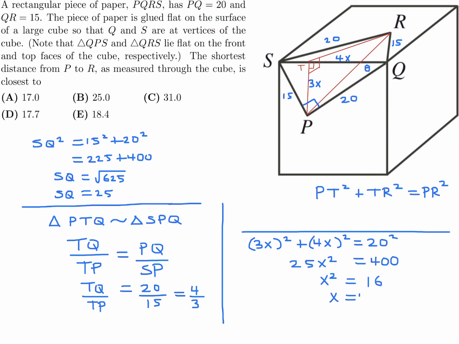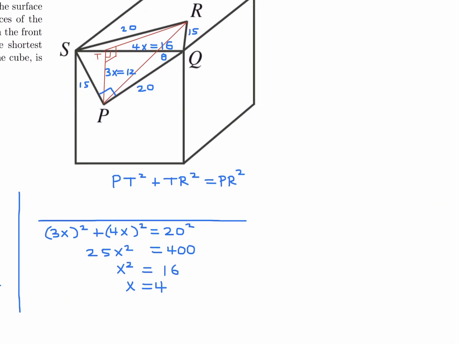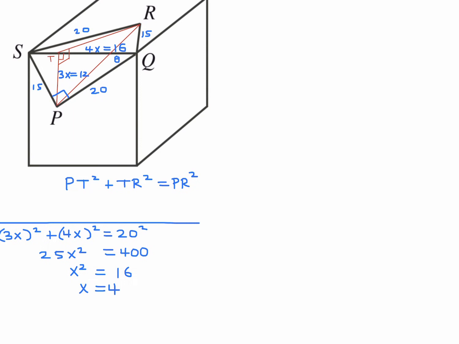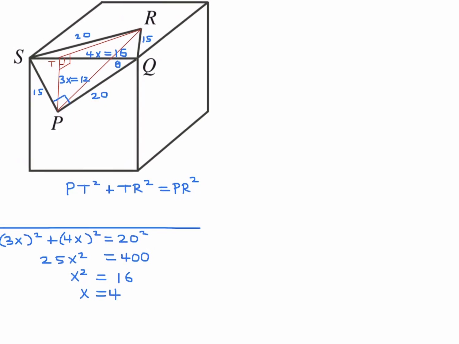Therefore, x works out nicely to being just 4. So that means that this 3x is actually a 12, and that 4x is actually a 16. Okay? So far, so good. So now, I'd like to keep that diagram on the screen, since it really helps us. At this point of the question, we have to now use something called law of cosines.